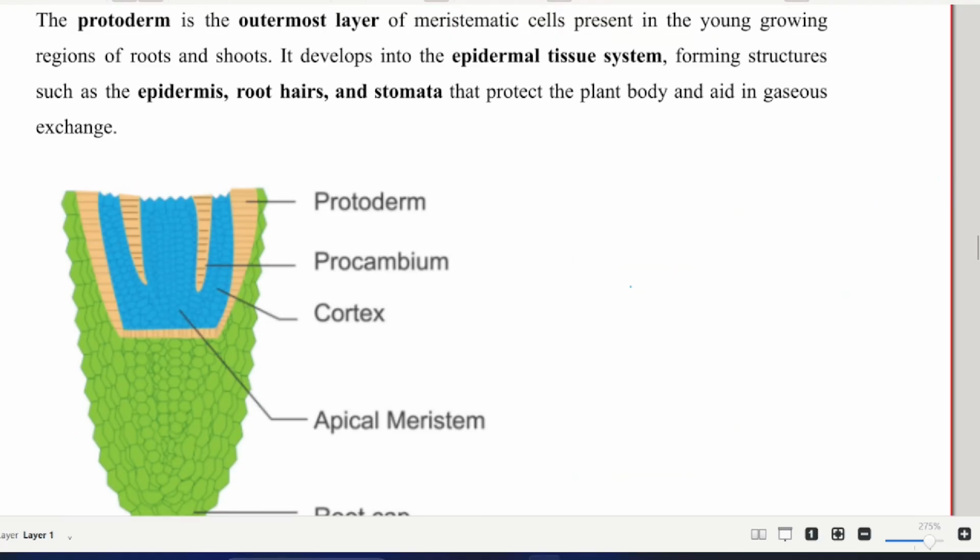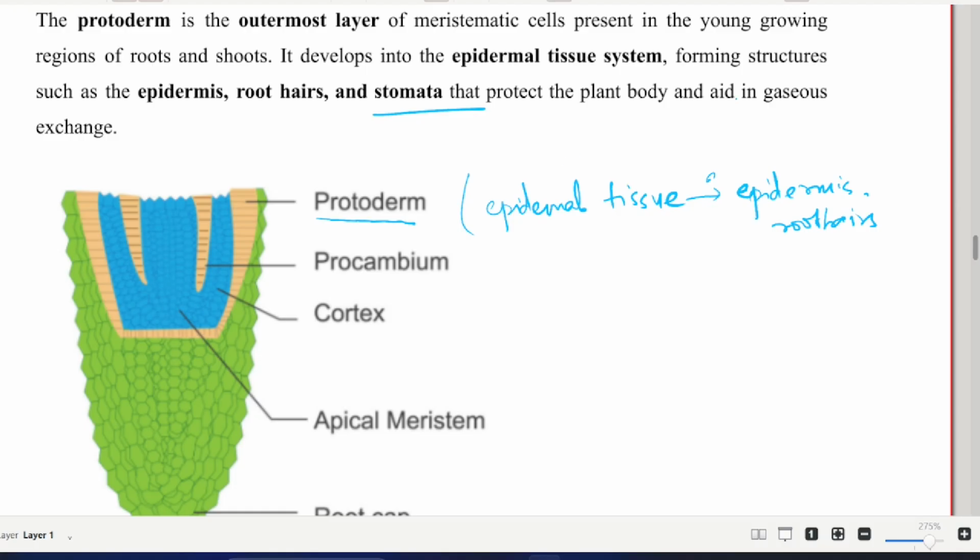The protoderm is the outermost layer of the meristematic cells, present in the young regions of root and shoots, and it develops into the epidermal tissue system, which leads to the formation of structures like the epidermis, root hairs, and stomata that protect the plant body and help in gaseous exchange.